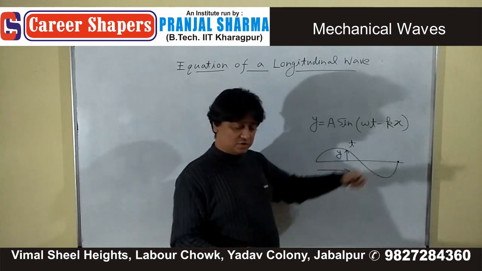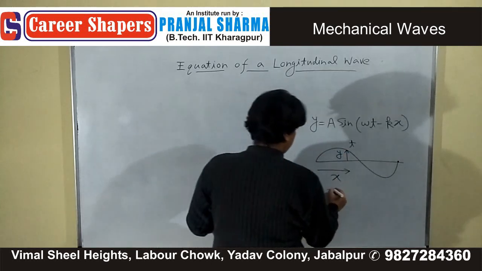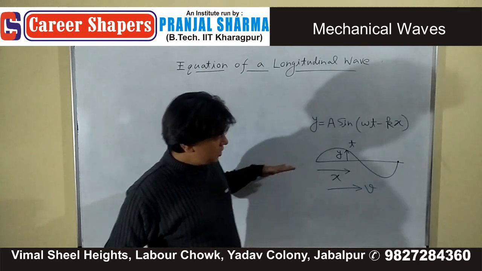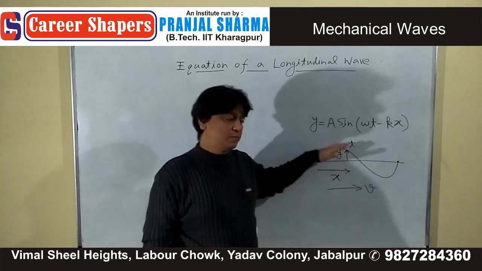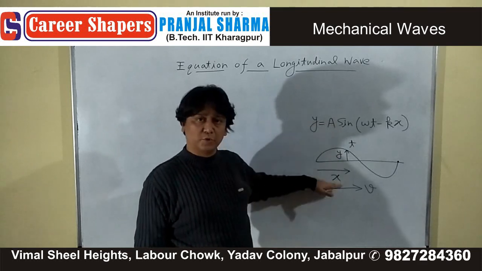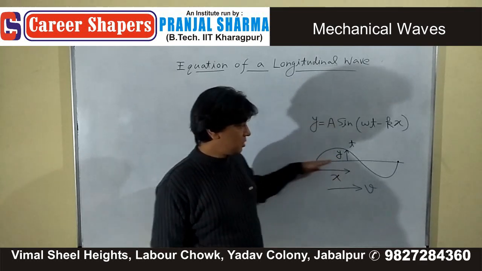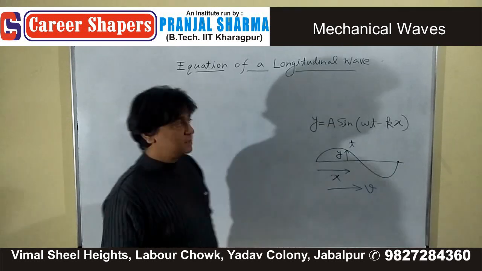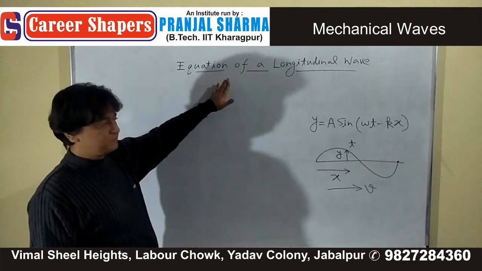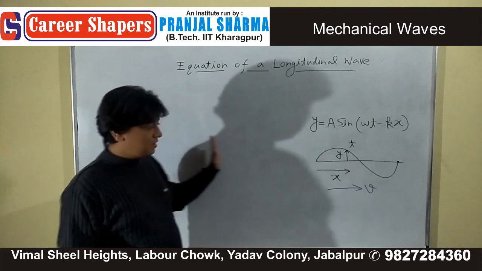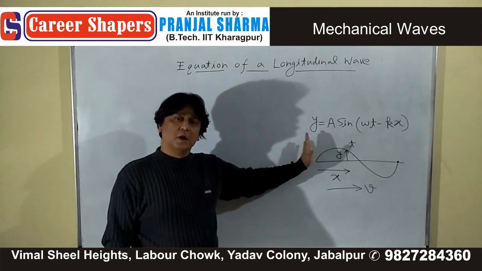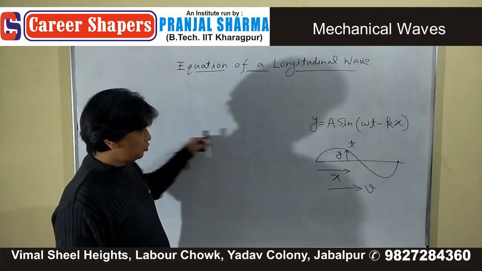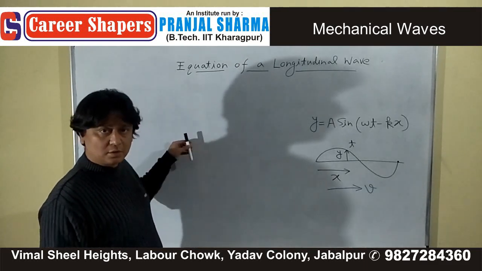The wave is traveling in this direction, with wave velocity v, and all the particles are executing simple harmonic motion perpendicular to this direction of propagation. Whereas in longitudinal waves, the wave is traveling in this direction, and the medium particles are also executing simple harmonic motion in the same direction.